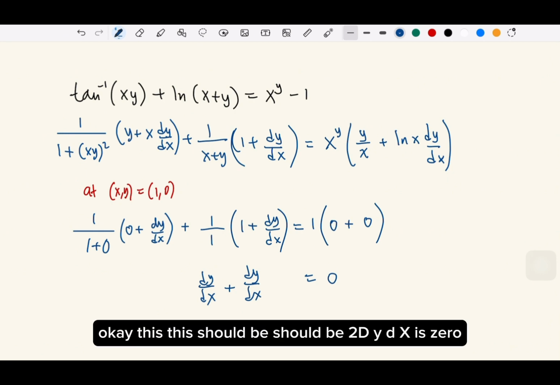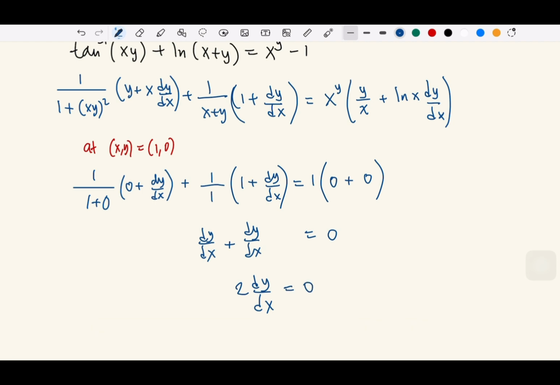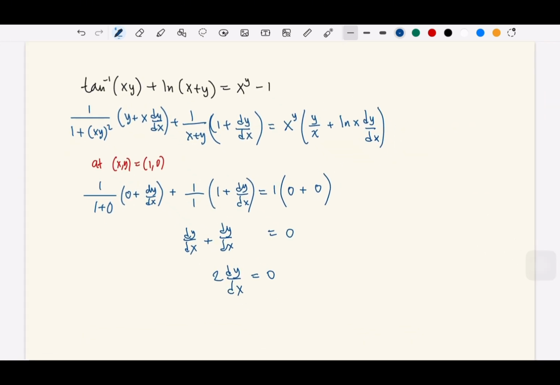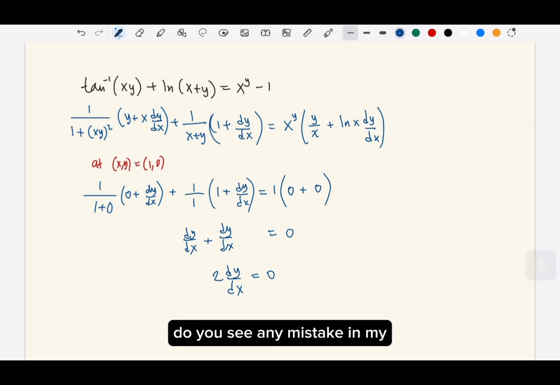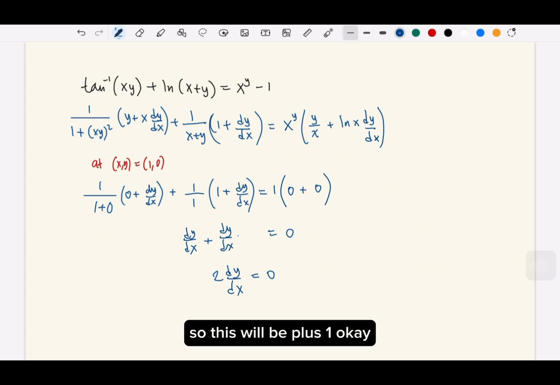Okay, this should be 2 dy dx is 0. Okay. Do you see any mistake in my process? 1 over 1, 1 over 1, 1. Good. So this will be plus 1. Okay, now we can solve this.